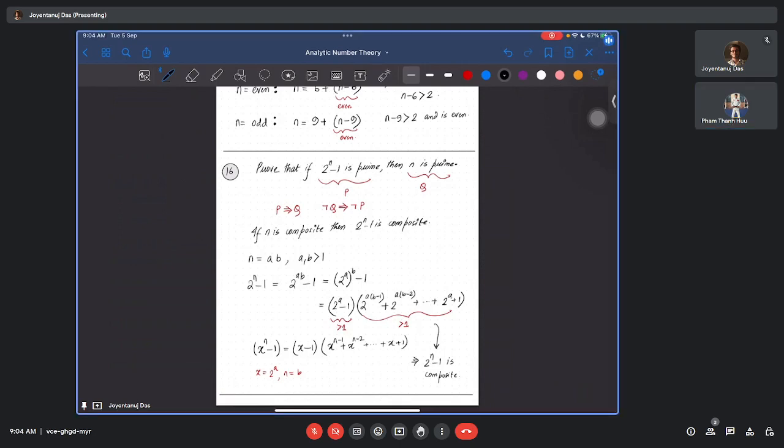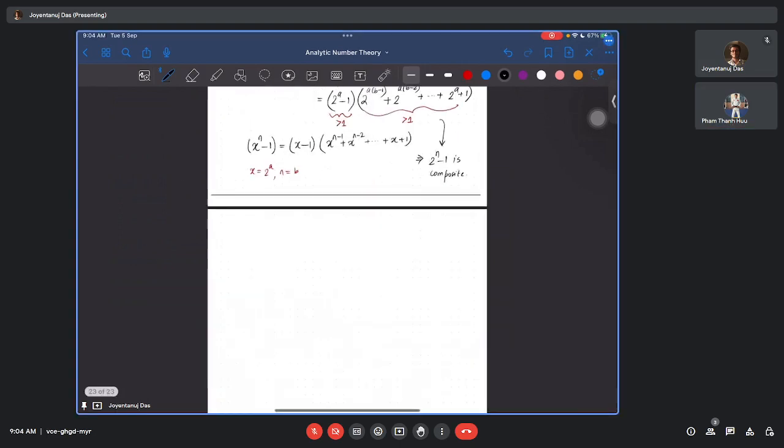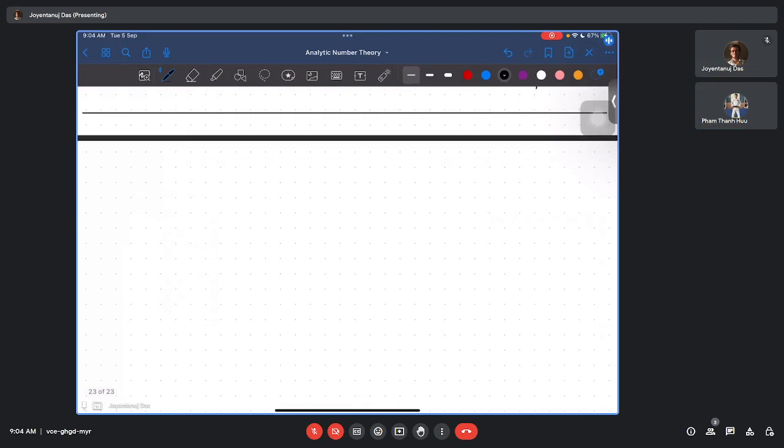Okay, let us see an application of the Euclidean algorithm. Suppose we have 826 and 1890. We have to find the GCD. So how to use the Euclidean algorithm?